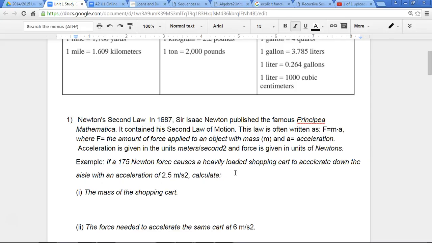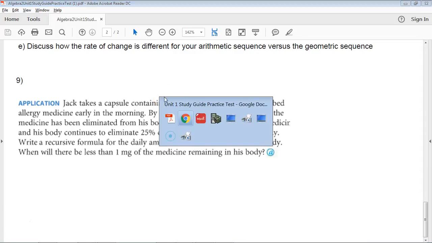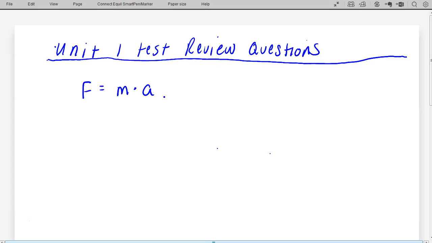If a 175 Newton force causes a heavily loaded shopping cart to accelerate down the aisle with an acceleration of 2.5 meters per second squared, calculate the mass of the shopping cart. So let's take a look. We have F equals m times a, okay?